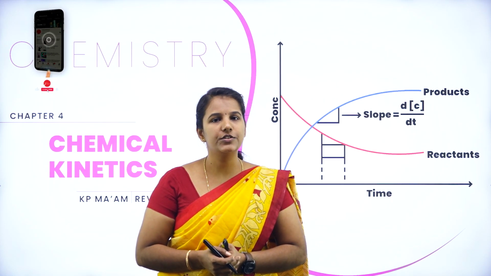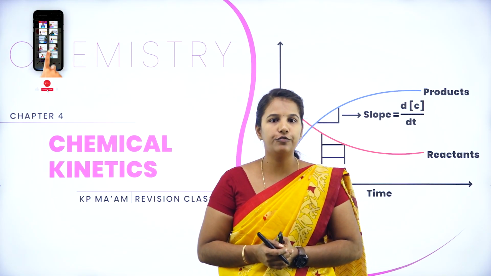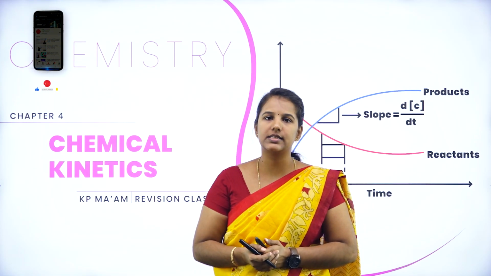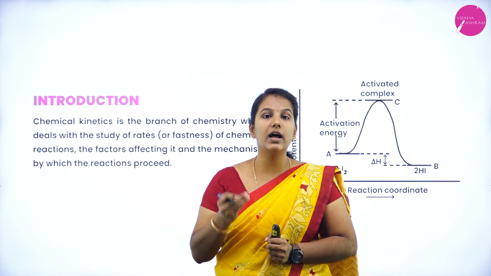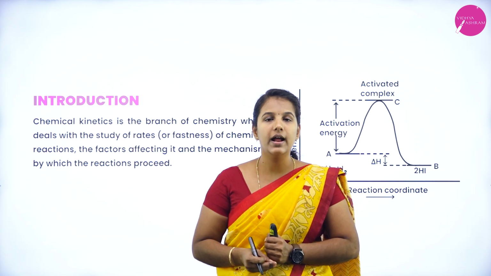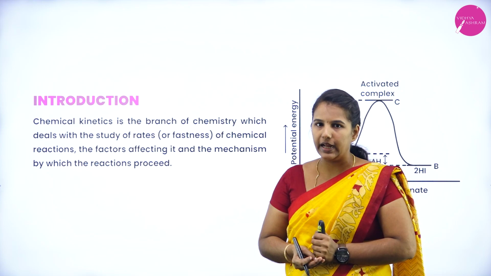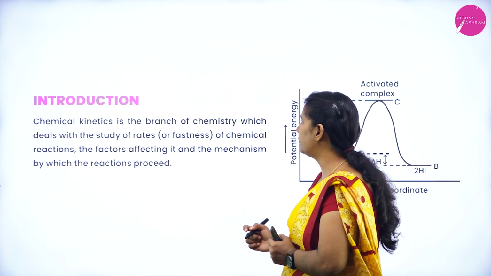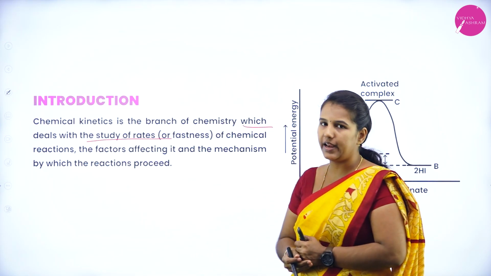My dear students, today we are going to do the revision part of unit 4, chemical kinetics. Let us see what chemical kinetics is, what the importance of this unit is, and what we are going to understand in this unit. As we already know, chemical kinetics is a branch of chemistry which deals with the study of the rate of the reaction.